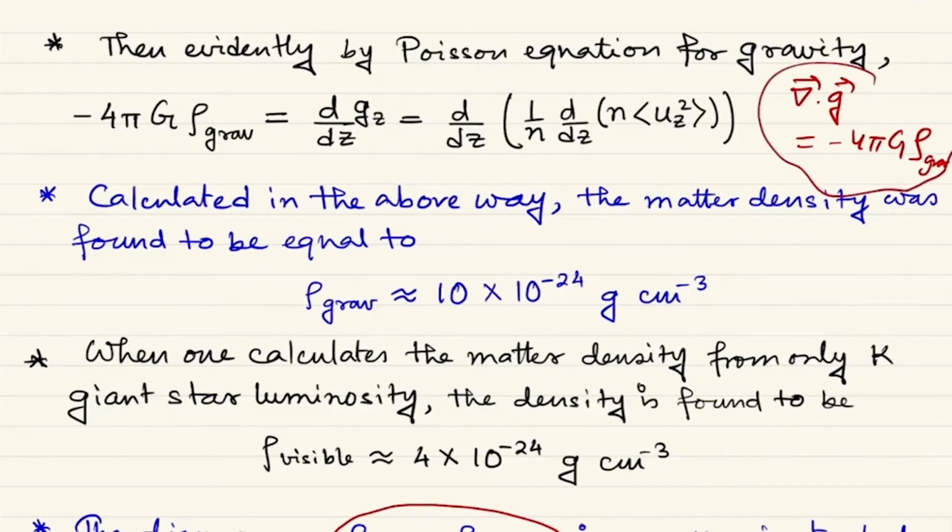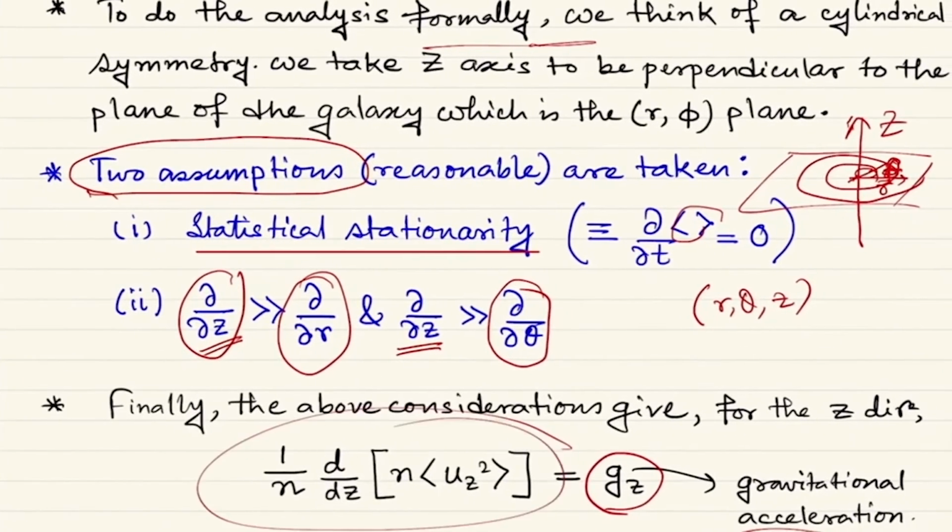And here for our case, divergence of g is nothing but dgz/dz. So minus 4 pi G rho gravitational is equal to dgz/dz, which is equal to d/dz of gz, and gz is nothing but this one.